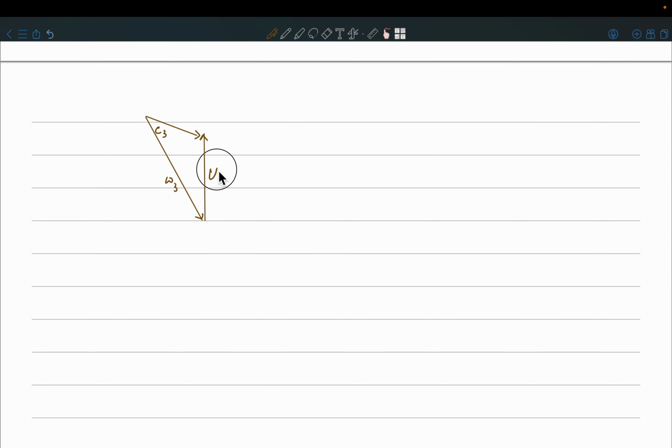And this is my W3. Because of the symmetry of the problem, now what will happen? Let us say this was alpha 3, or alpha 1. In this case, because of the 50% reaction turbine, when you equate R equal to 0.5, you will get a condition that alpha 3 is equal to beta 2 and alpha 2 is equal to beta 3. What is beta 3?